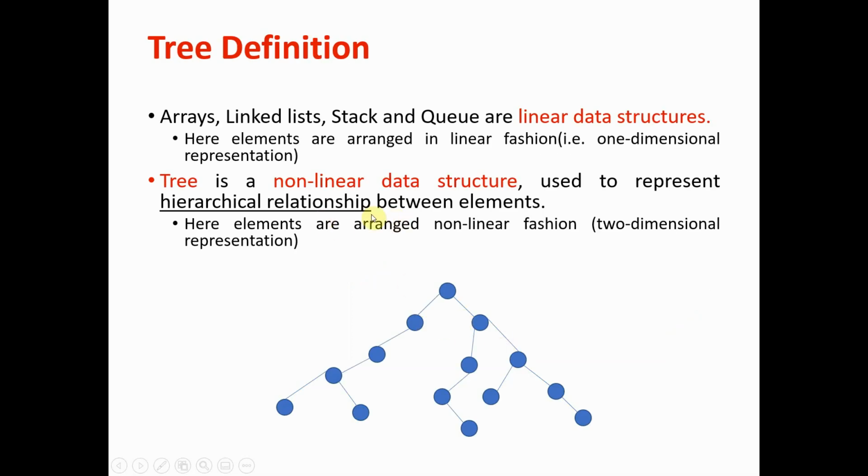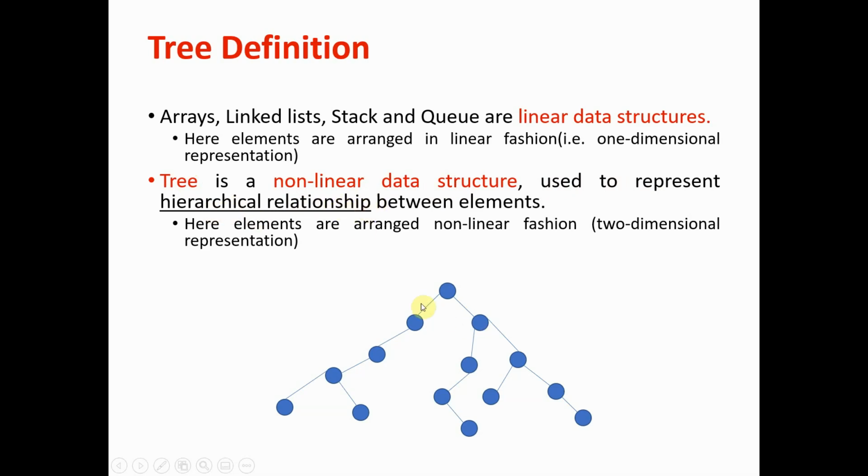As previously mentioned, arrays, linked lists, stacks, queues, decks are considered linear data structures. Elements are arranged in a linear fashion, meaning that we have a one-dimensional representation. However, tree is a non-linear data structure that is used to represent hierarchical relationships between elements.